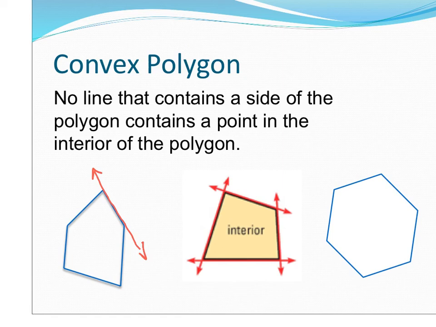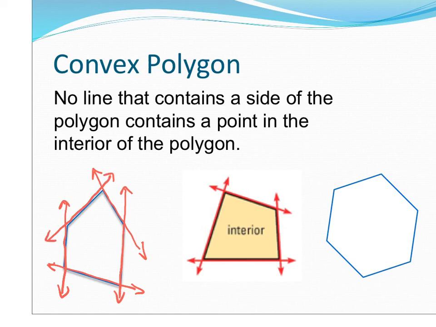Notice when I draw that red line, the red line does not go into the interior. So this classifies it as convex, because when I draw all of these lines on top of the sides, the red line never enters the interior. This makes this convex.